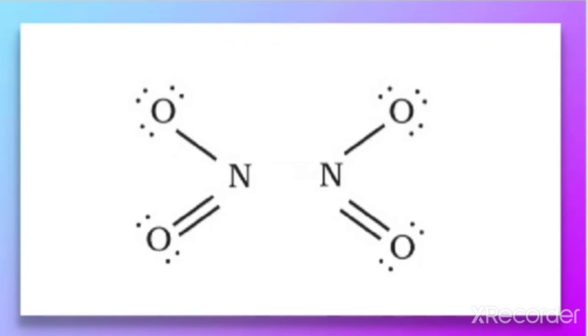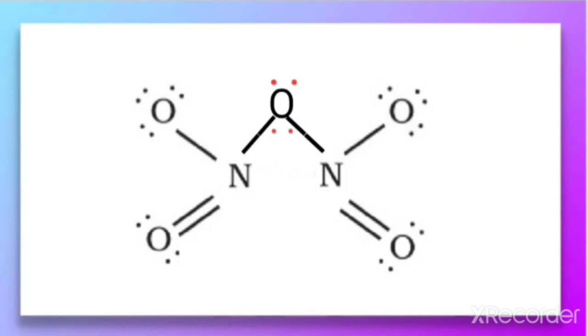Remove that bond, keep one oxygen in this way, and make the dots on that oxygen. This is the structure for N2O5. So in this way, how easily we can learn the structures of NO2, N2O3, N2O4 and N2O5.